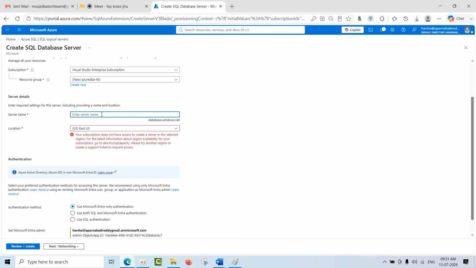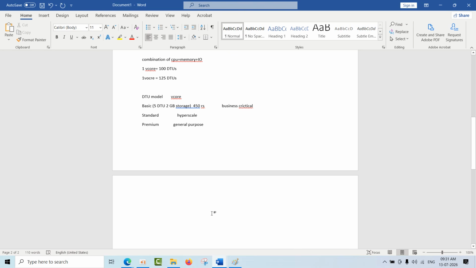For example, the name I can give is Test demo 008. For every person, for example, my name is Harsha and my surname is like Kalki. Now for Azure SQL database we can also add a surname.